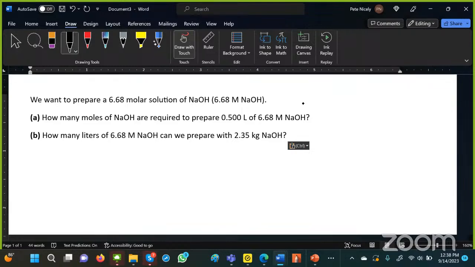Actually, this one is kind of easy, just as easy as the one that we just did. The question is asking for the moles. They gave you the volume in liters and they gave you the molarity, right? So how would you go about solving this problem?